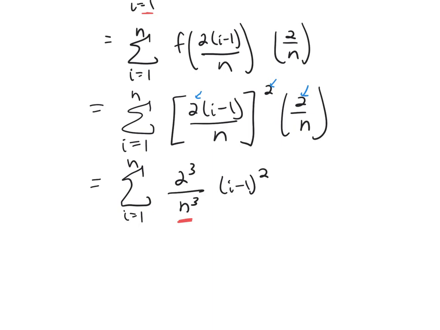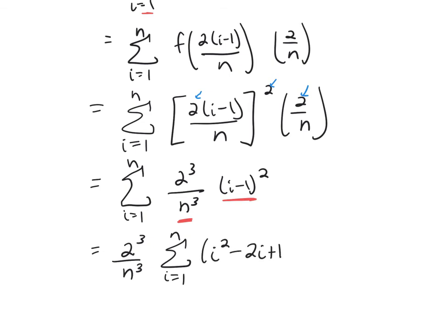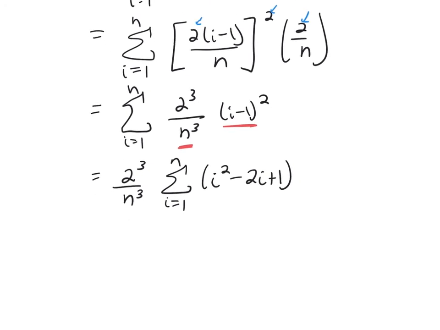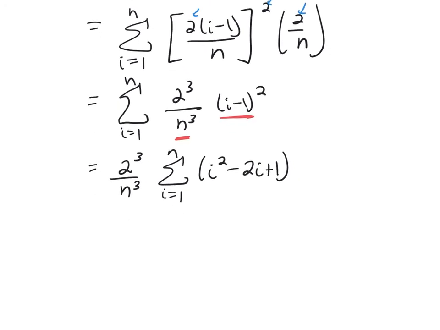There's no variable i there. And so I can pull that out in front. And then I'm going to FOIL this part out as (i minus 1) squared. If you FOIL that out, you'll get i squared minus 2i plus 1. So I'm getting 8 over n cubed.